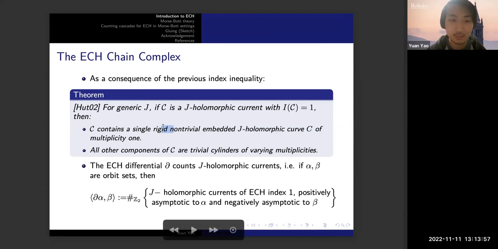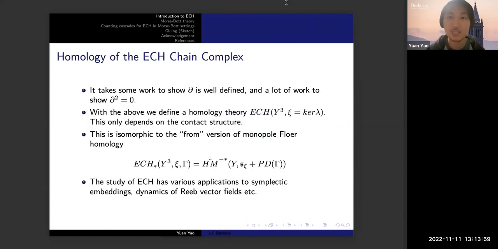Okay, so with some work, you can show this differential is well-defined, because it's a usual compactness argument to show that such counts are finite. And it takes a lot of work to show d squared equals 0. Let me just briefly say, because you impose convergence as currents, for a given orbit set there are lots of ways for a J-holomorphic curve to converge to this orbit set as a current.